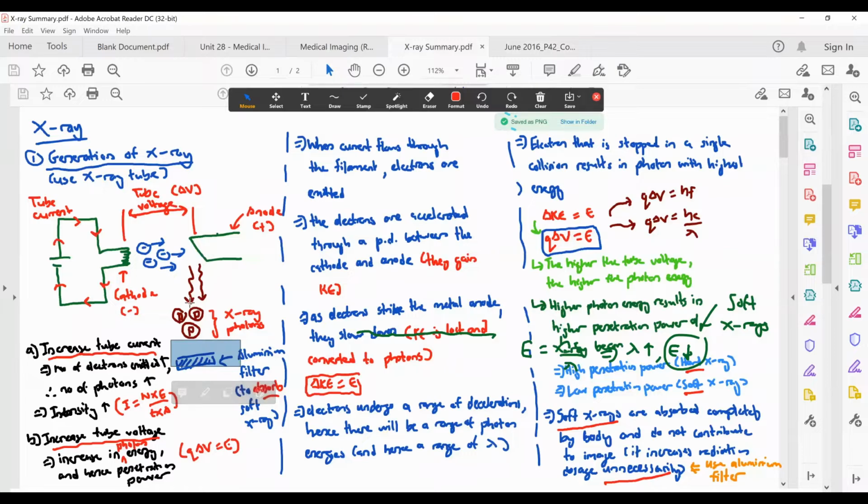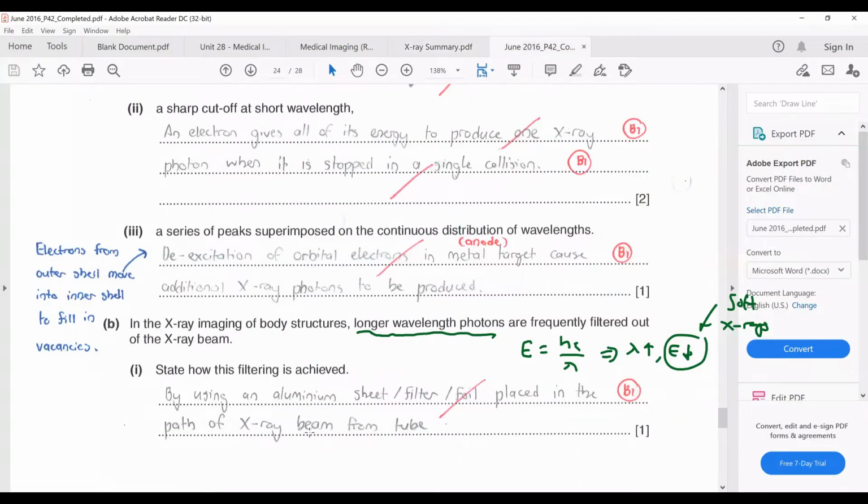Once you produce your X-rays, they consist of hard and soft X-rays. So you don't want the soft X-ray, so you put an aluminum filter here. Okay, so you put an aluminum filter in the path of the X-ray beam from the tube. All right. So that one is for this.